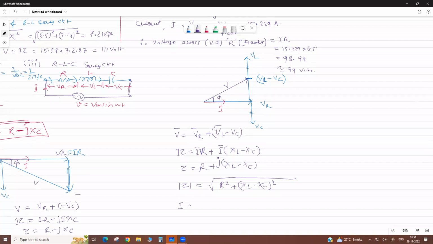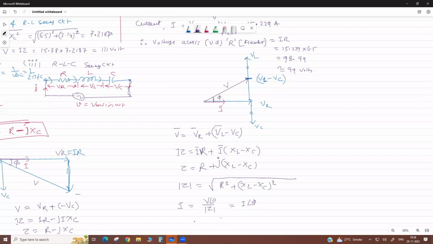If we calculate the current, it is total voltage by total impedance Z. If we use polar form, generally we take voltage as the reference at 0, and impedance has a phase angle. Then the resultant current comes with magnitude and phase angle.